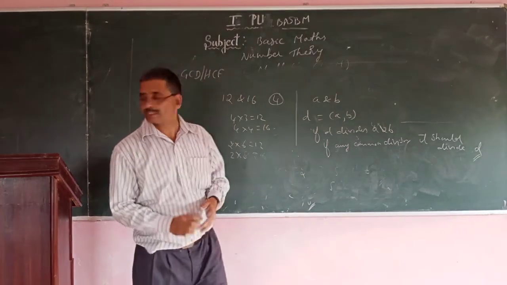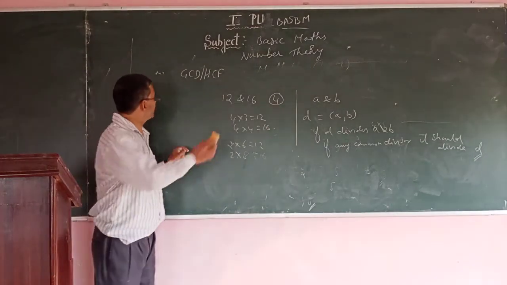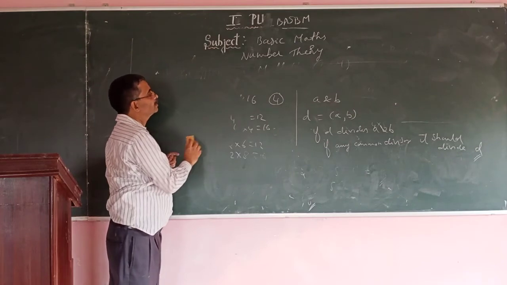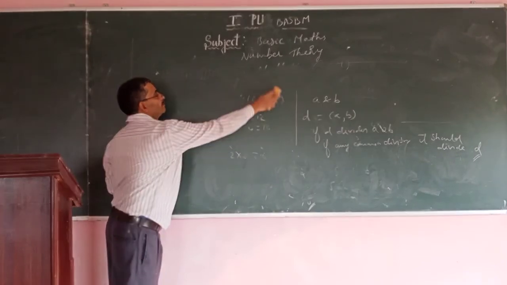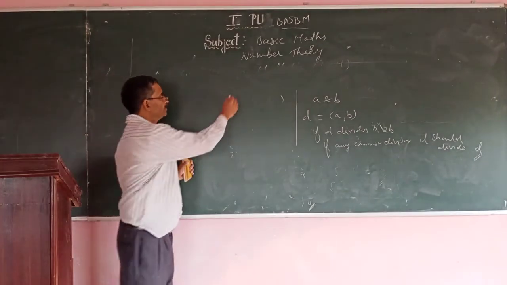Now again we will see some methods. So the first method, again prime factorization. 12 and 16 again we will take.